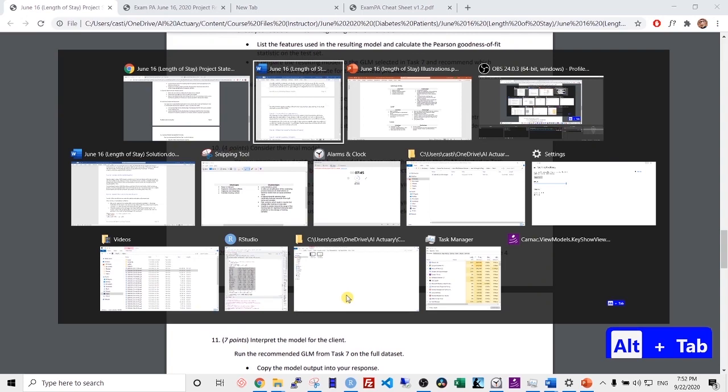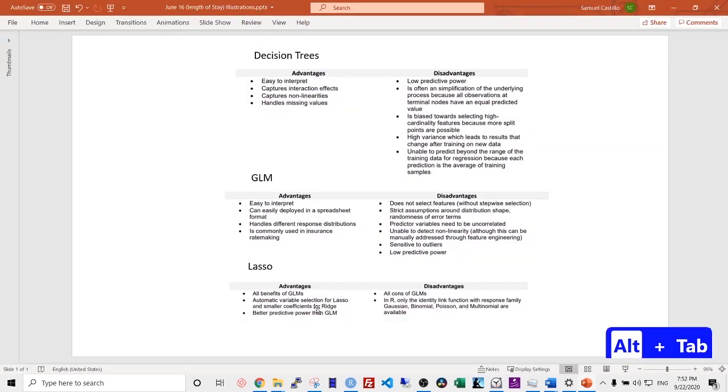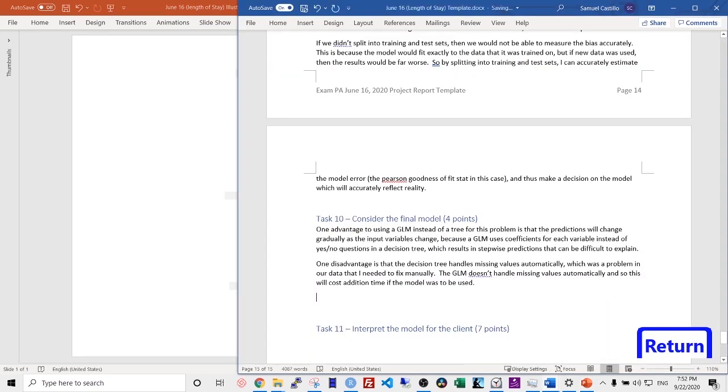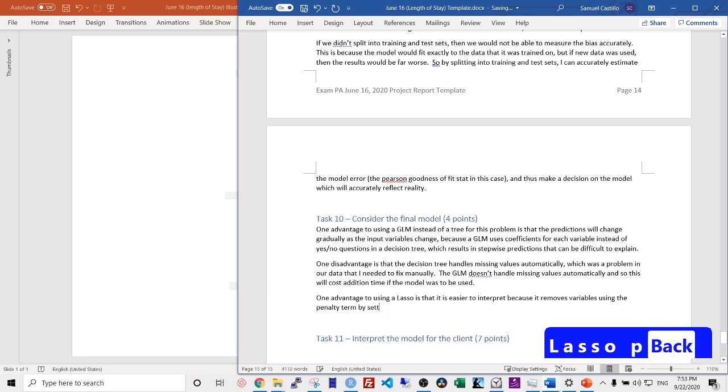But in the case of this problem, we don't really care about predictive power, right? In this case, we just want to select a model that gives us better interpretability. It is easier to interpret because it removes variables using the penalty term by setting coefficients equal to 0.